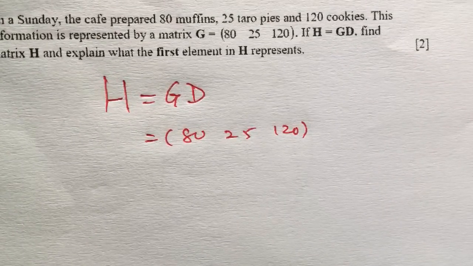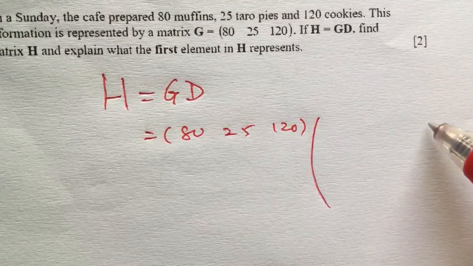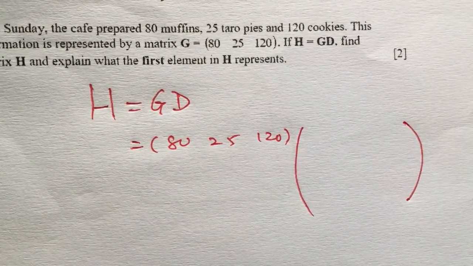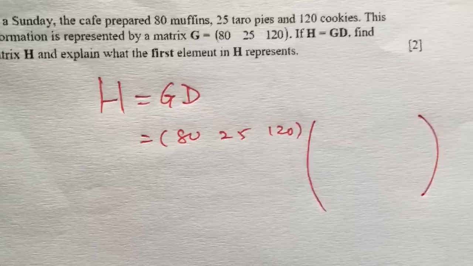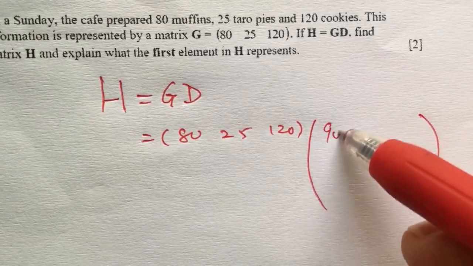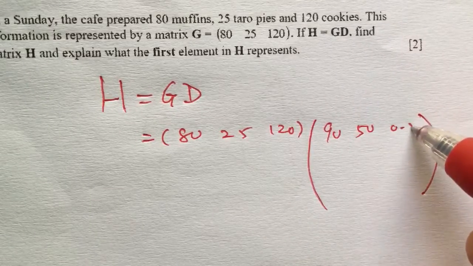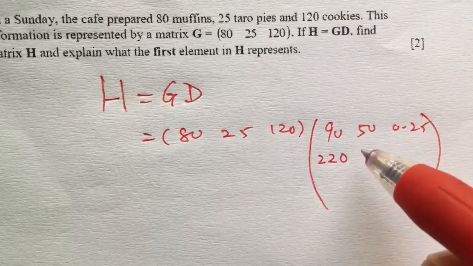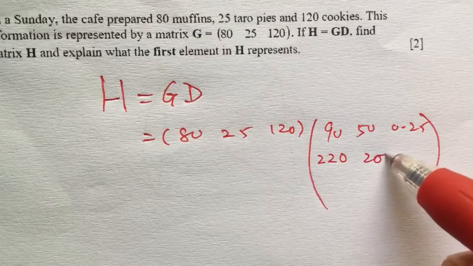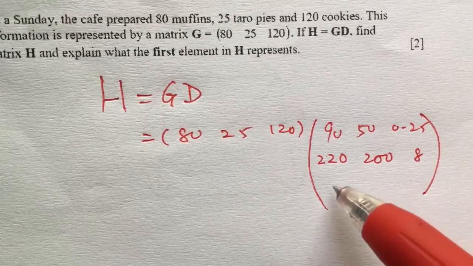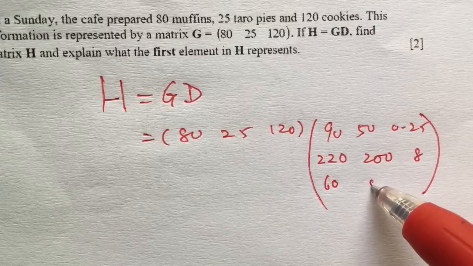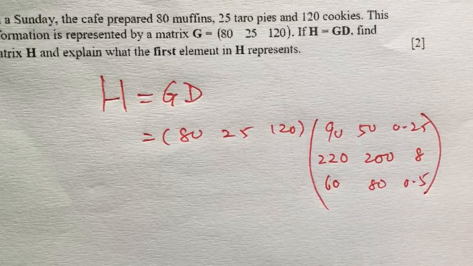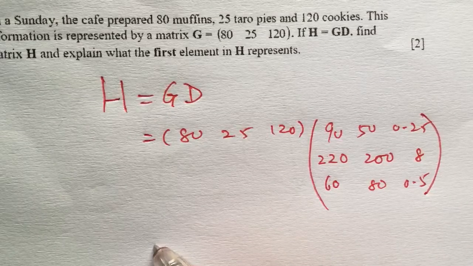Okay, and your D is 90, 50, 0.25 is given, so we just copy from the question. 220, 208, so 60, 80, 0.5. Okay, you work it out.